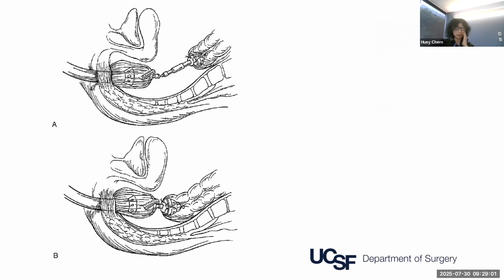You will see the EEA stapler introduced via the anus and the anvil on top on the colon side. This is how you will see a lot of the left-sided pathology, either sigmoid colectomy, left colectomy, or low anterior resection. Anything connected close to the anus can probably be done with the EEA anastomosis.